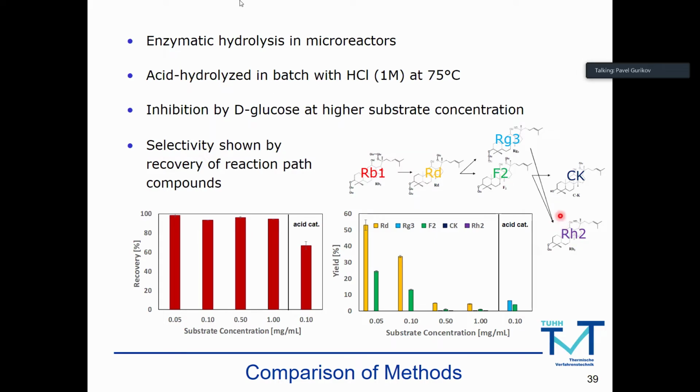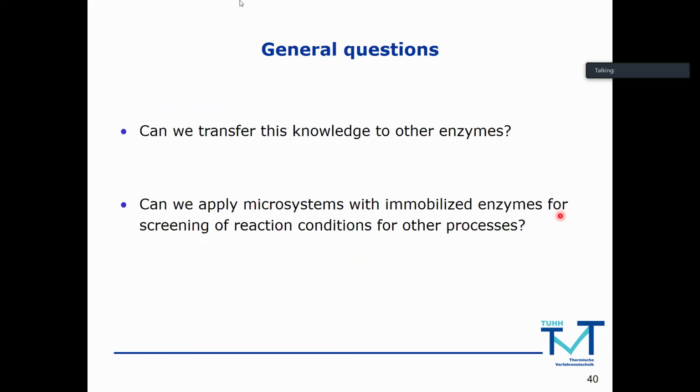So that's one example of what sort of workflow you have when you want to do something in a microreactor. Of course, this is not a success story. It's just a story which poses more questions. And the first question: whether you can transfer this knowledge to other enzymes.